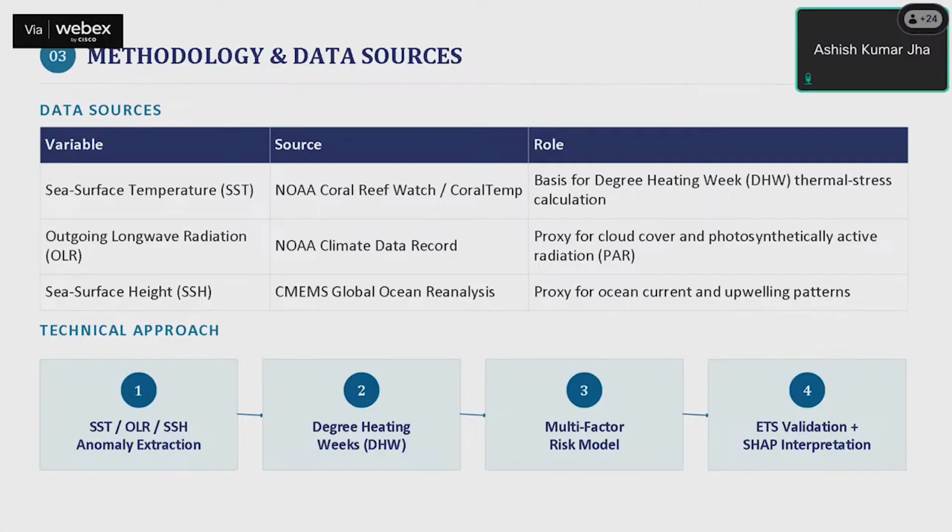I have downloaded 30 years of data for all of them, starting from 1993 all the way to 2023, and I have selected the monthly data set, one data point for each month. For SST, I have downloaded it from NOAA. Same for OLR, and for sea surface height, the source is CMEMS. After getting all of these data sets, we are trying to build our multi-factor risk model.